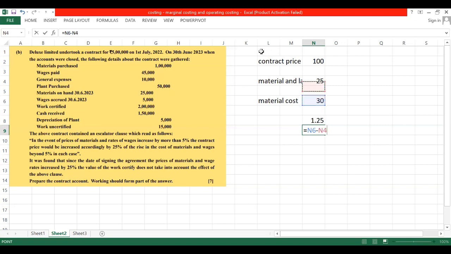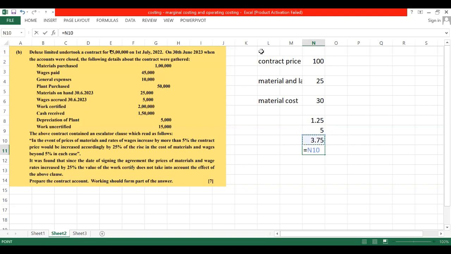So the net increase, if you see here, is 5 rupees. Up to 1.25, I will bear the excess cost. Beyond that, the additional 3.75 rupees of increase in cost, based on the escalation clause, a certain percentage will get added to my contract price. If the increase goes beyond 5%, then 25% of the increase beyond 5% will get added to my contract price.